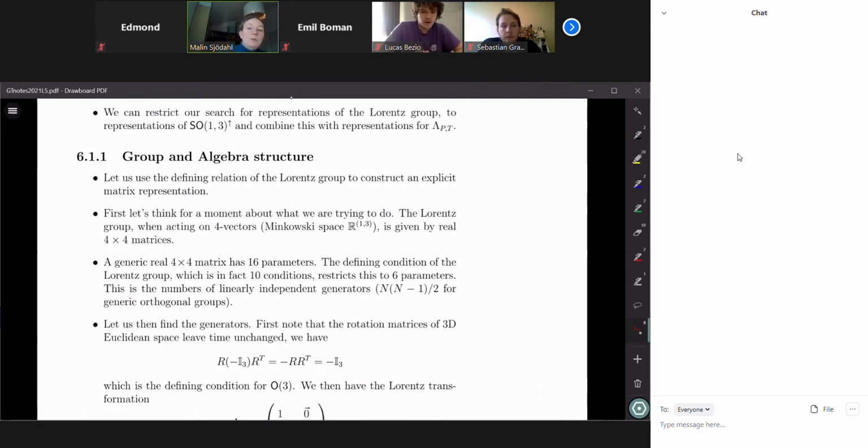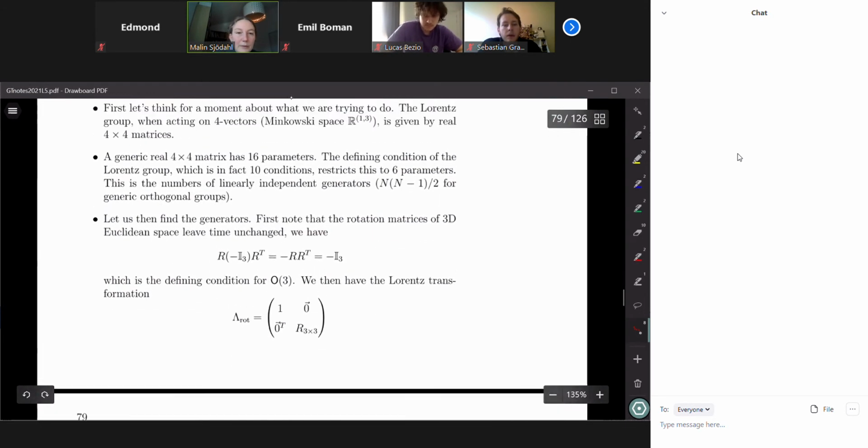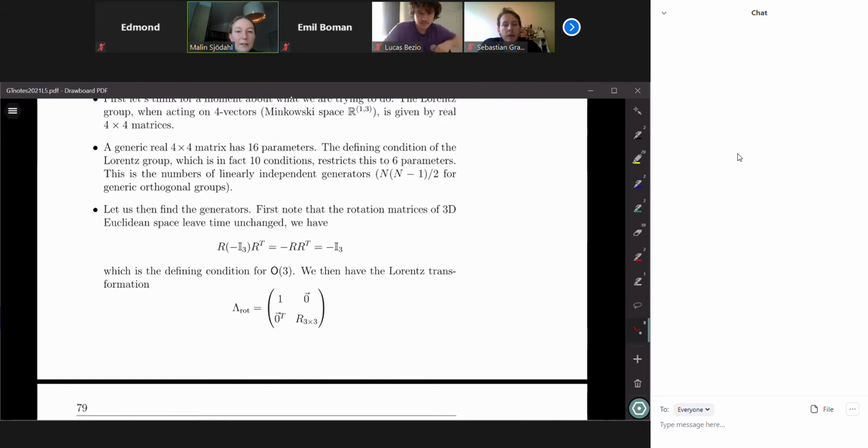From that, we would assume that we have 16 parameters, but we have seen in an exercise, although it was for O(4), I guess, that we have fewer parameters, and counting the number of parameters, one can see that we actually only have 6 continuous parameters. So in general, n times n minus 1 over 2 for generic orthogonal groups.